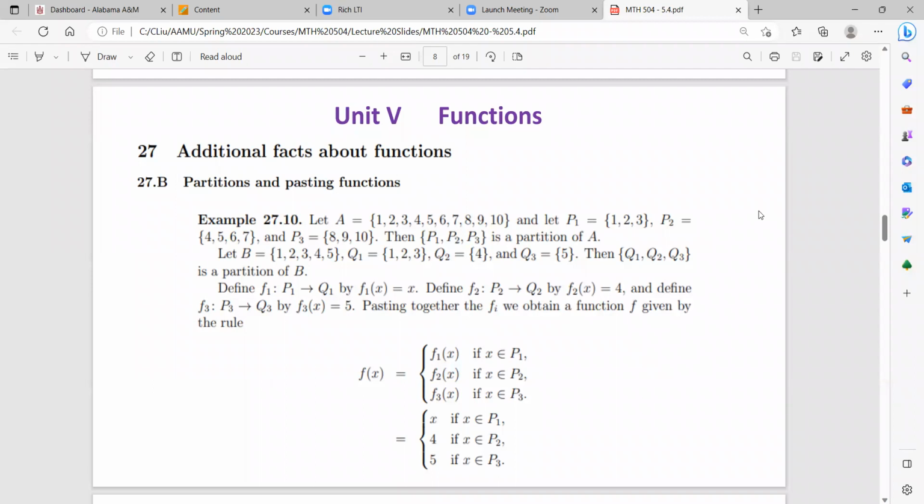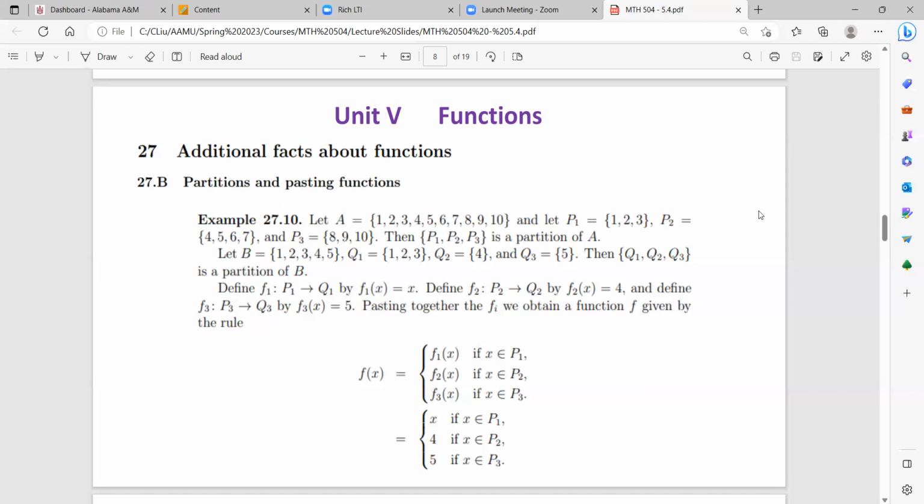So last time we just started the last section of this unit about functions. We talked about the functions on finite sets. There are several interesting facts about functions on finite sets, where either the domain or codomain is finite or both, especially with respect to injectivity and surjectivity.